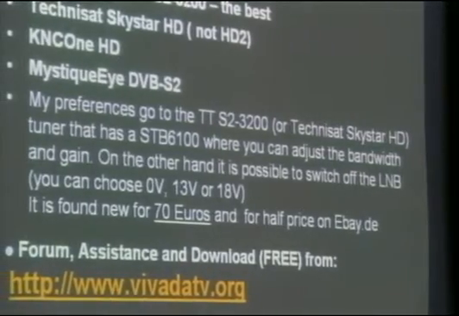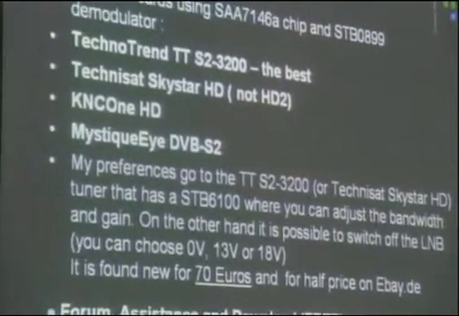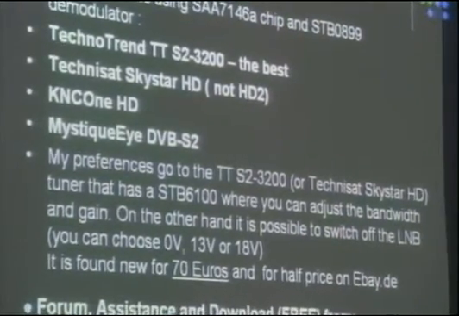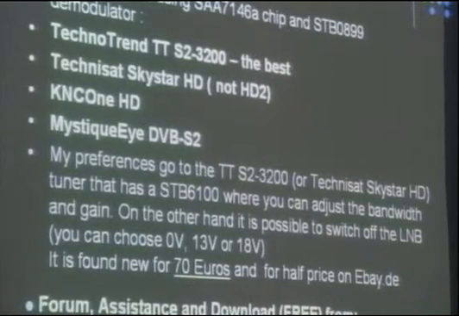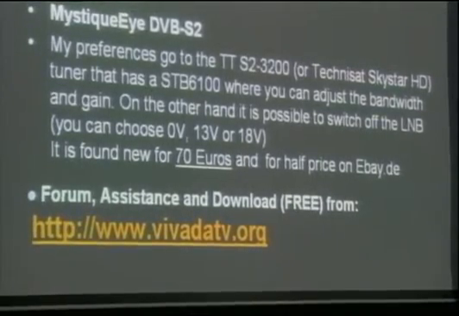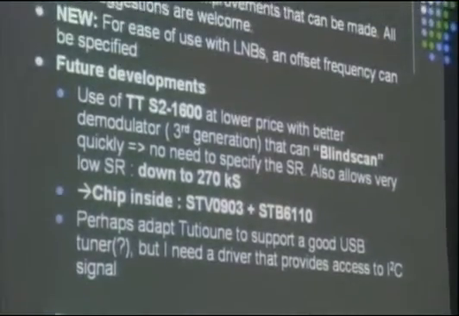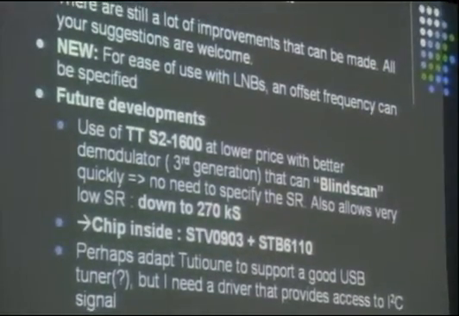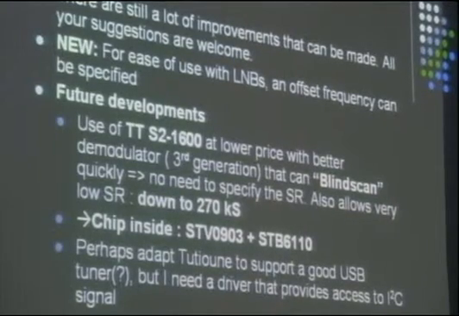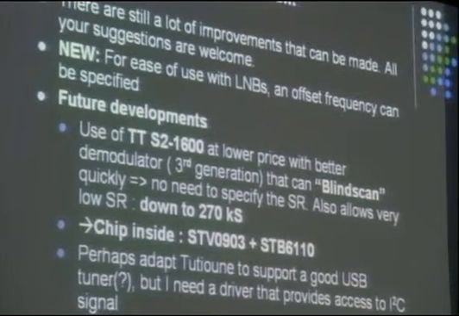So these are the cards you can use. And I prefer this. All software can be downloaded from my forum, Viva DATV, for free. And future development: I always use this with the STB 899, the lowest SR I can use without problems is about 450 kilosymbol.